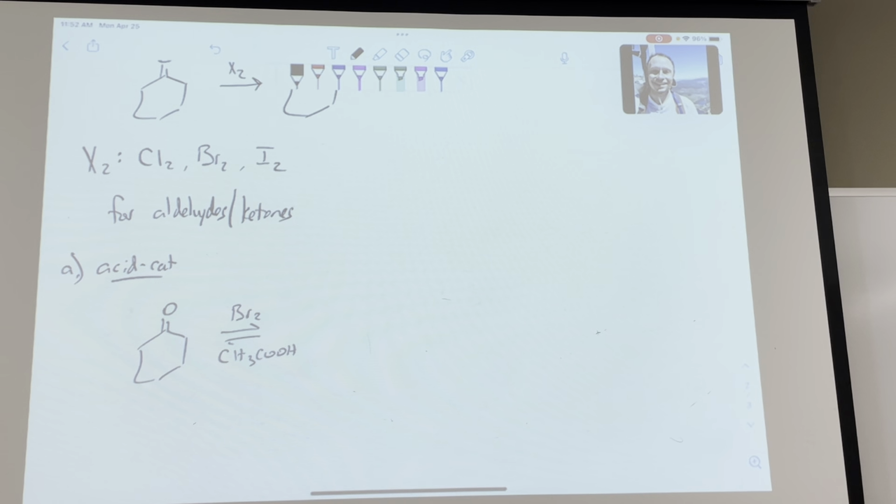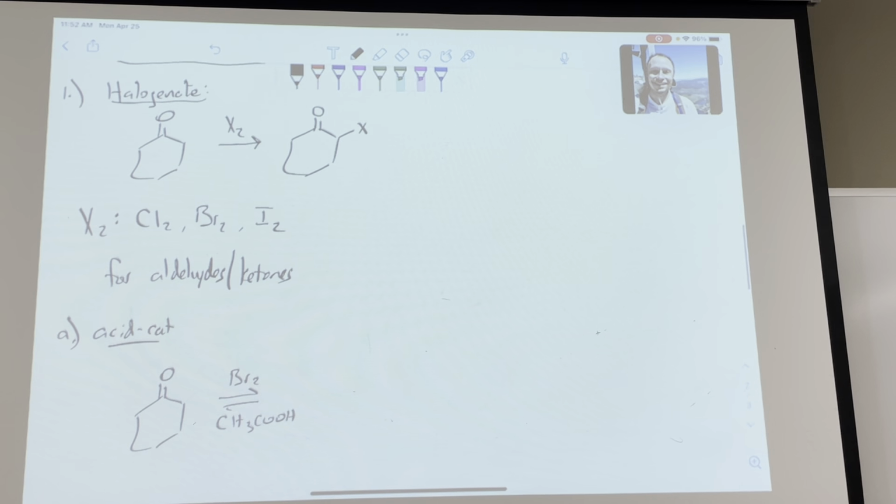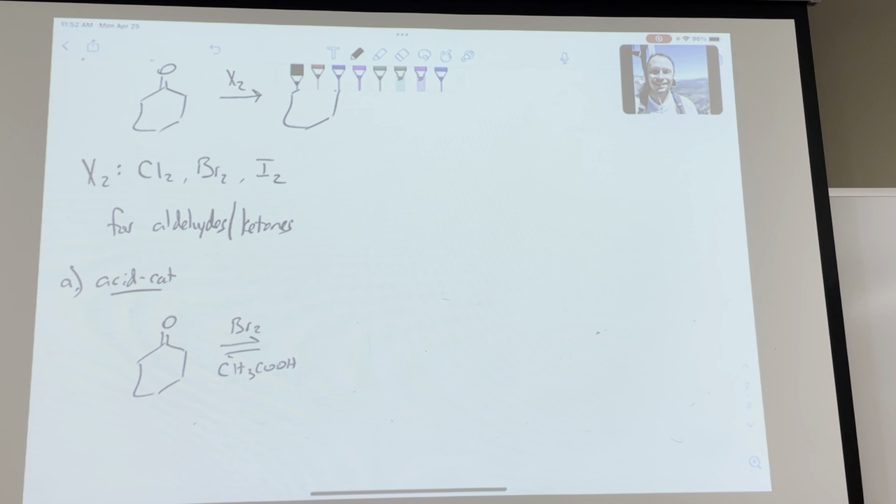Under these conditions, you will form the enol, which I don't think we really need to go through again because we just saw how that was done. But you would make the enol. And then the enol is going to push the electron density out of the alpha position like this.